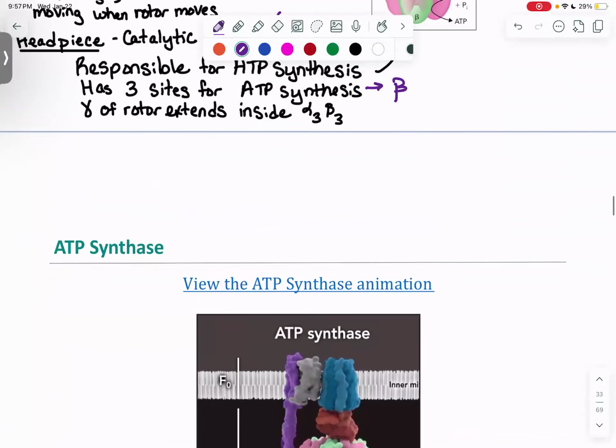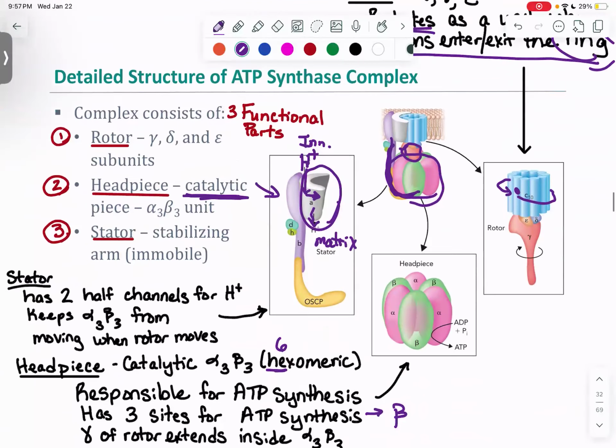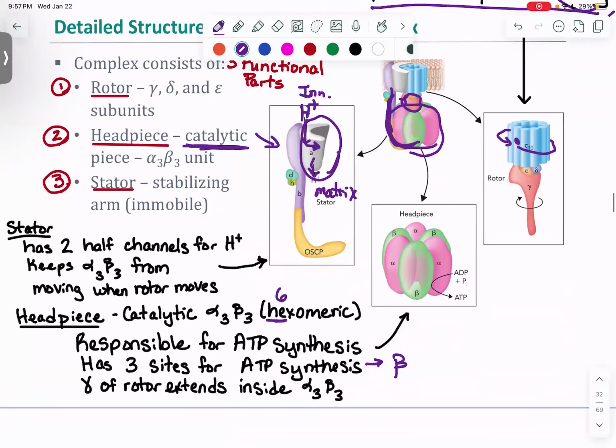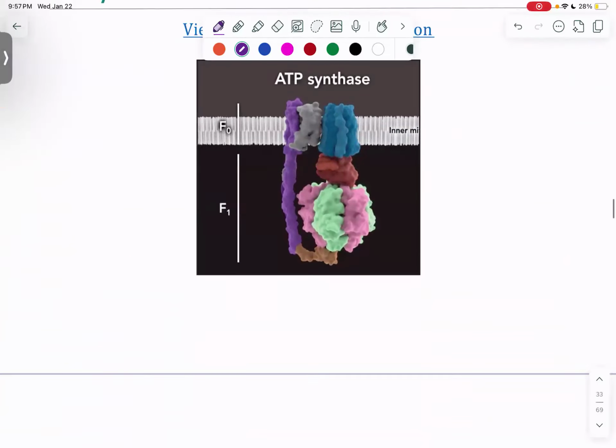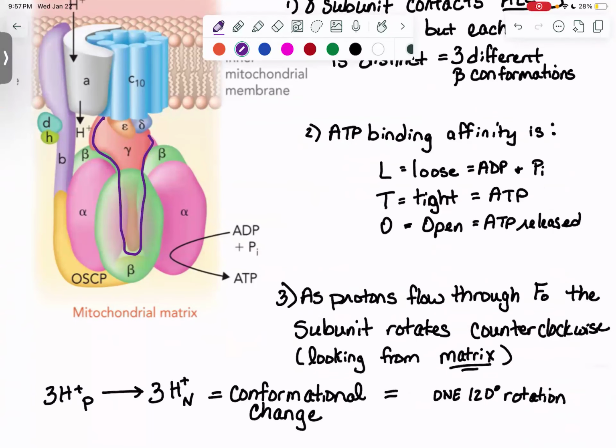If you look, and it's really nicely shown in the animation, whoa, there's a curve to it. So it can't have the same amount of contact with all of the beta subunits. If it were a straight stick down, it would, but it's not, it's curved.